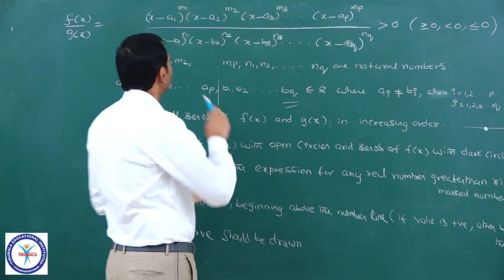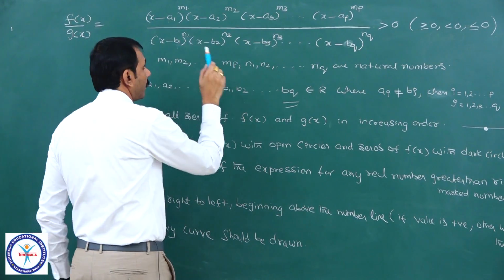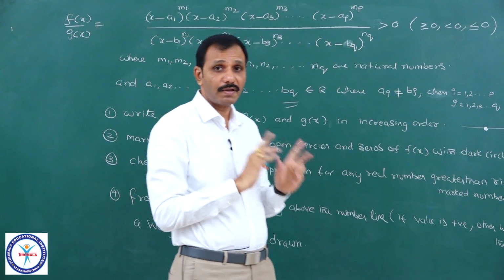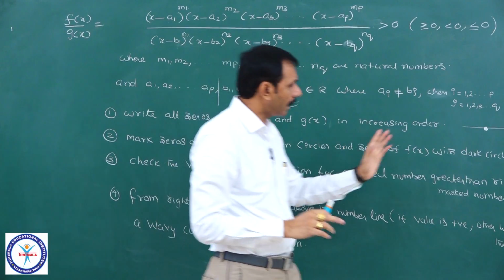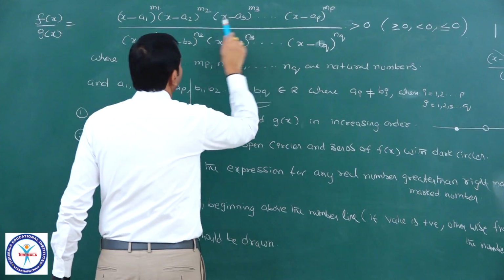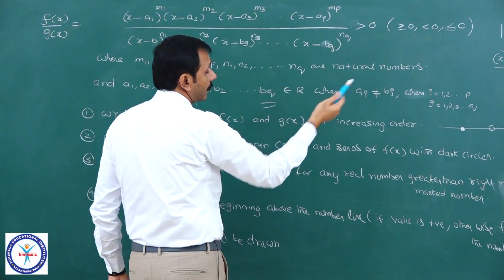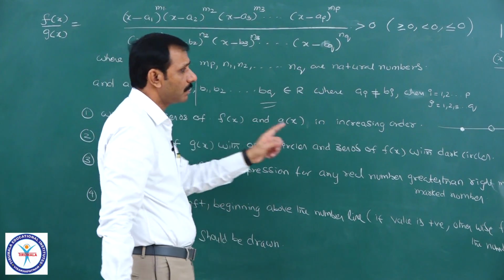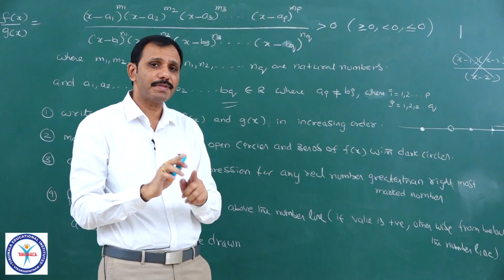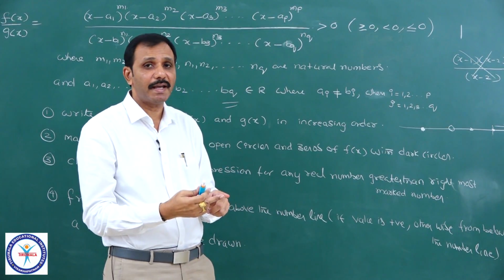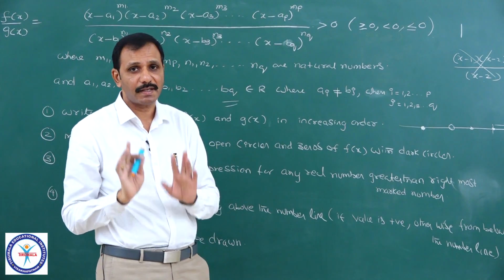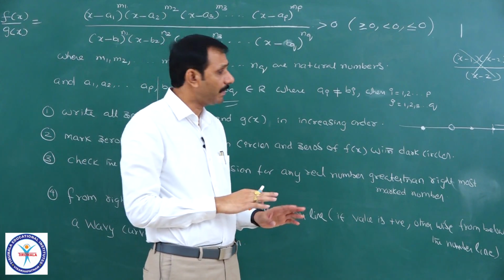Whenever all the factors x minus a1, x minus a2, x minus b1, x minus b2 are of this form, the extreme right is always positive, as we have already seen, because if you take a value to the right of the rightmost point, all factors are positive. Therefore, the rightmost interval is always positive. Mostly we will do problems by making them the form x minus alpha, x minus beta, even if it is given as alpha minus x.